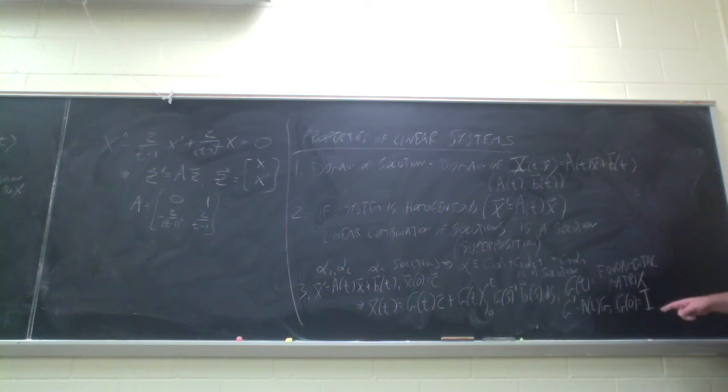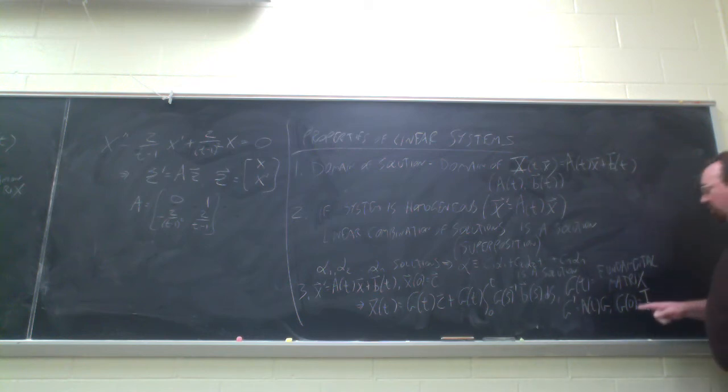Now, whether we can find G of t depends on the problem. So we may not be able to come up with an explicit formula for a fundamental matrix, but it's quite useful from an analytical point of view. But we'll see in certain cases you can get it.